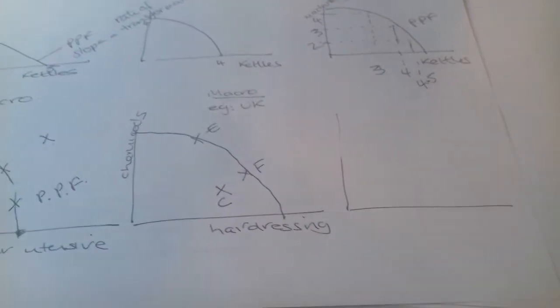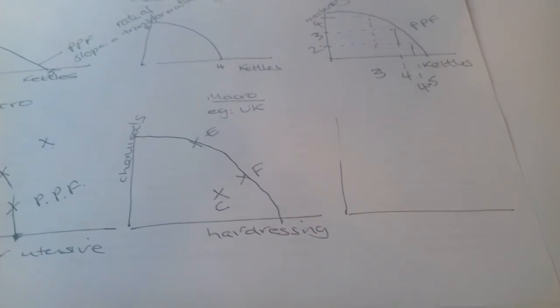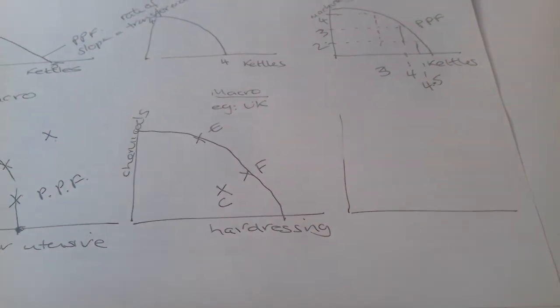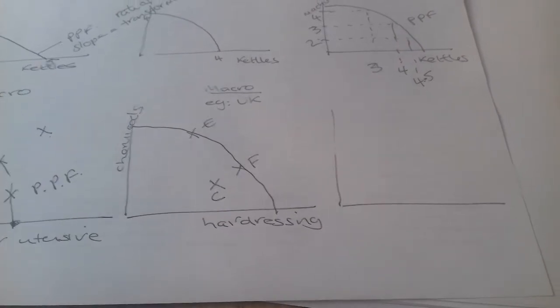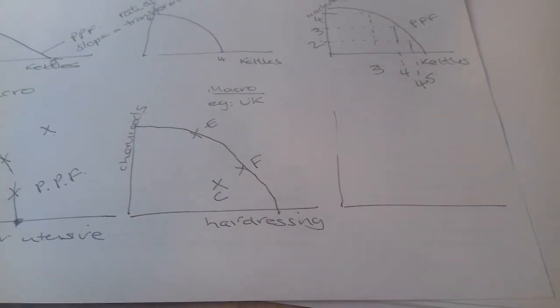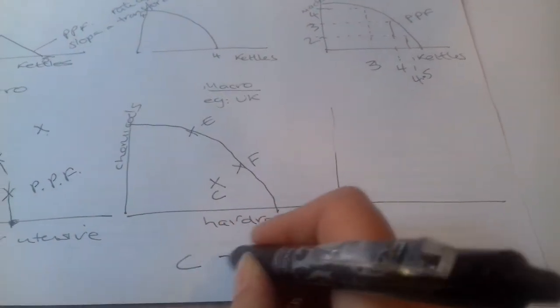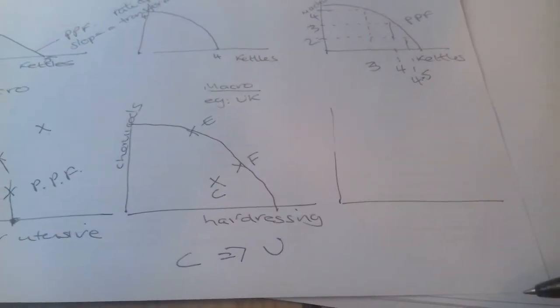If we think about this in terms of the performance of an individual firm, whether it's Diego's or any other firm, then position C represents spare capacity or inefficient use of resources. In a macroeconomic context, C implies unemployment.